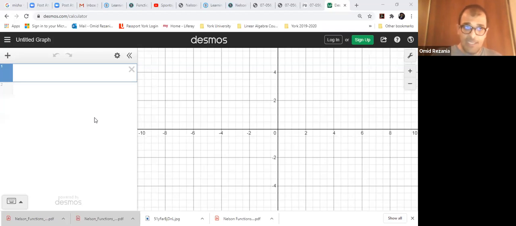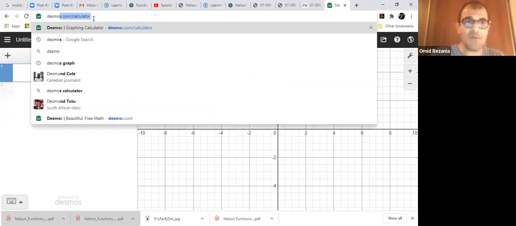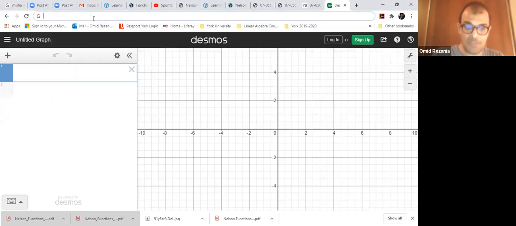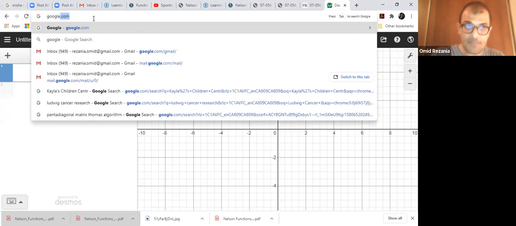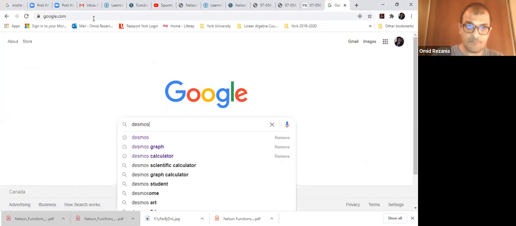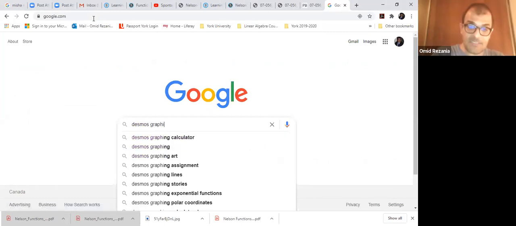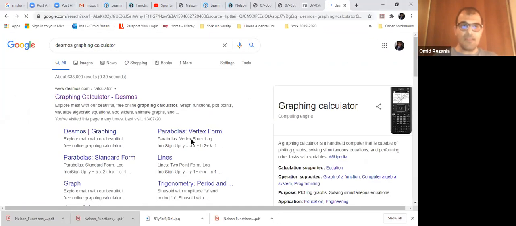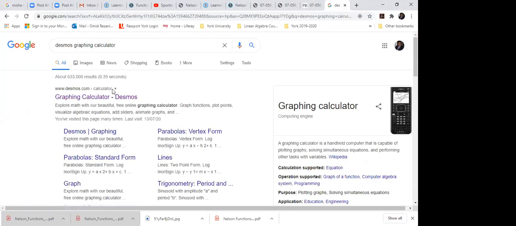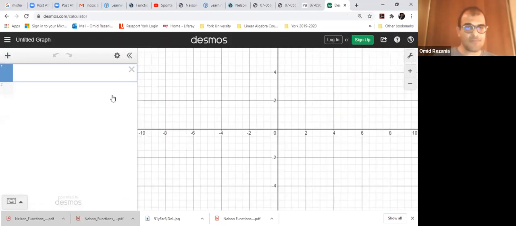You have to search for Desmos. Anybody use Desmos before? I know it. Okay. I'm going to search for Desmos graphing calculator, and the option I take is this one, the graphing calculator from Desmos.